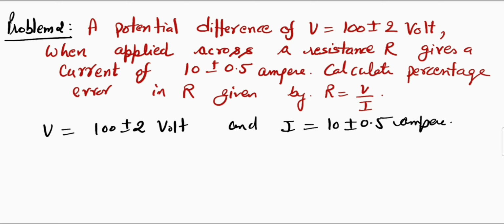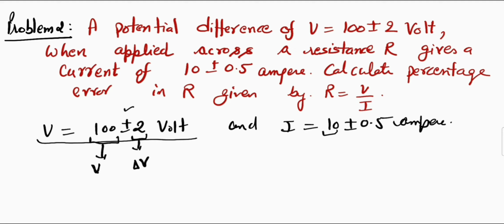Here in this question, it is given that the voltage is equal to 100 plus minus 2 volt and the current is equal to 10 plus minus 0.5 ampere. If we see this formula, this 100 will be equal to V mean, and this 2 is the absolute error in the voltage, which is equal to delta V mean.